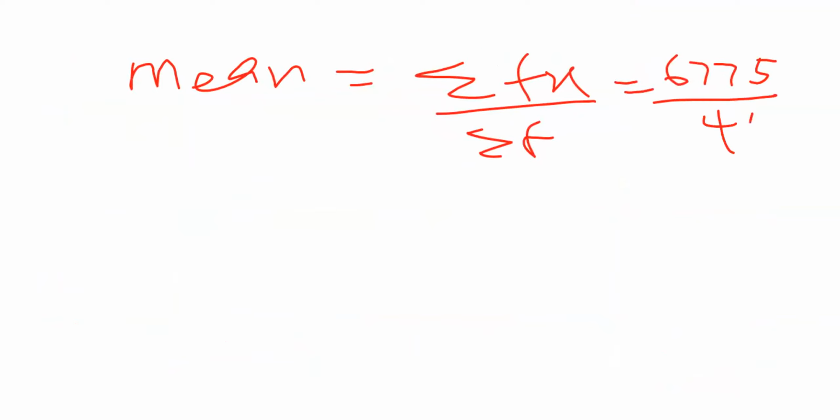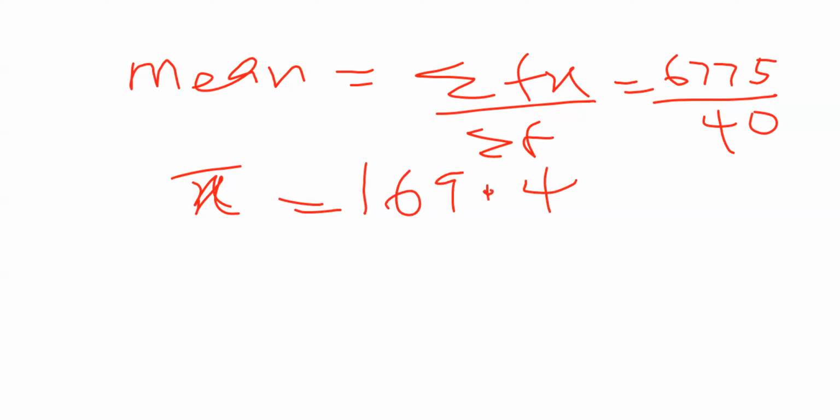So our mean, x bar, will be equal to 169.4. So it's very clear. That's how to find the mean. That is the first part of the question answered.